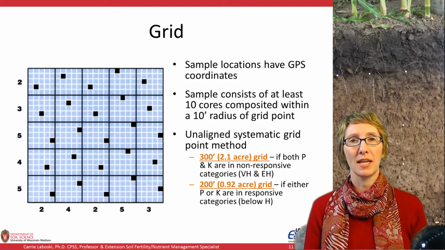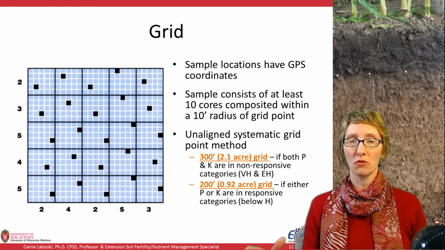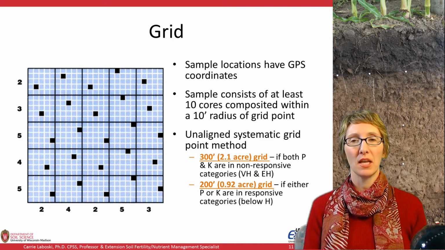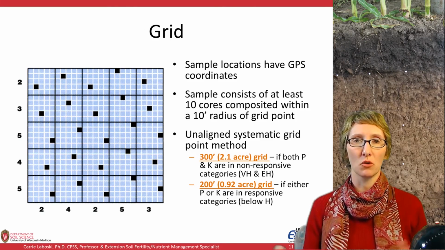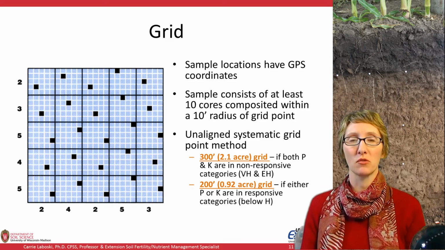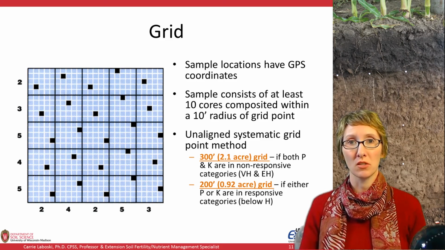Those cores you want to take in about a 10-foot radius from the grid point, so not an overly large area, but not a really tiny one either. Again, you'll have the GPS coordinates so that you can go back there time and again. Of course, how accurate it is relates to the accuracy of the GPS that you're using.